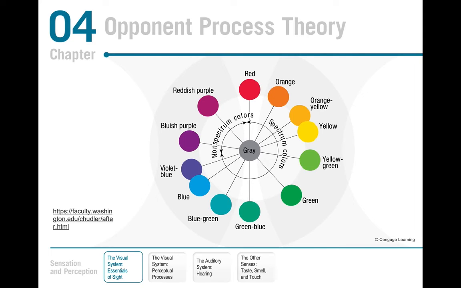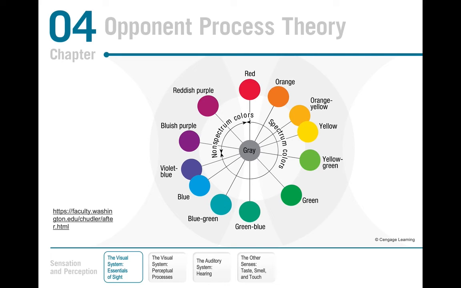Another way to define after images is basically the color that you see when you stare at something long enough and then you look elsewhere. So you typically see an after image, a visual image that persists after looking at something for a really long time, and typically that after image has a different color than what you were seeing.